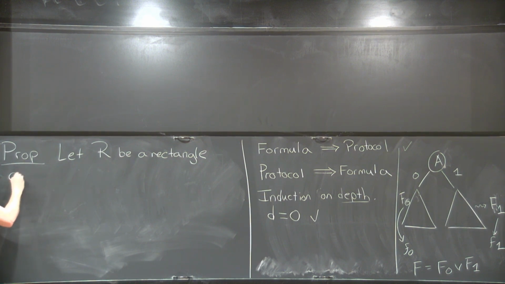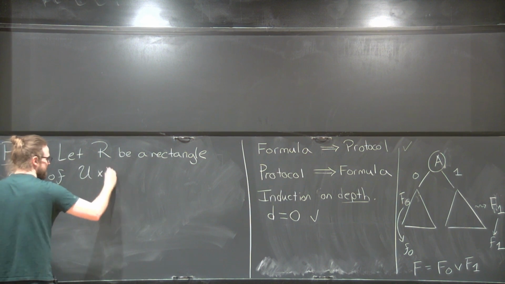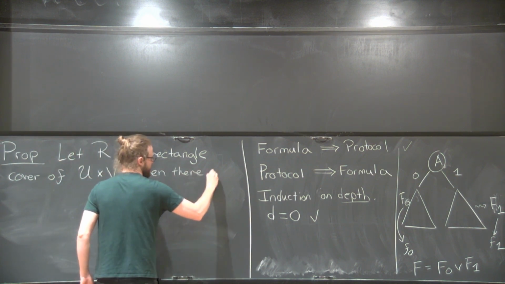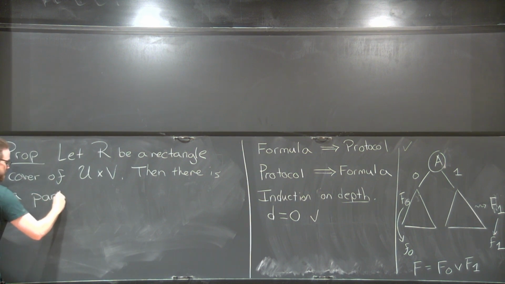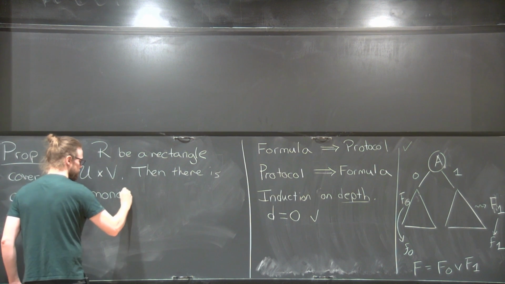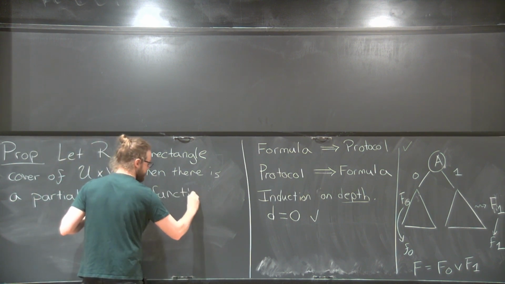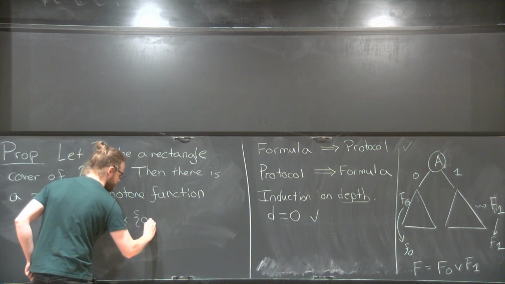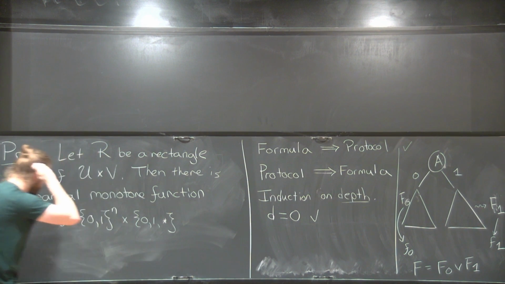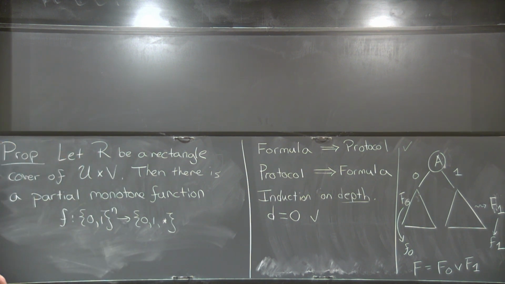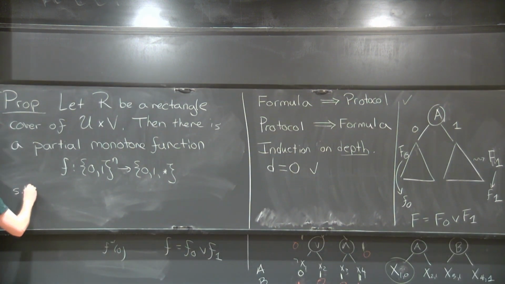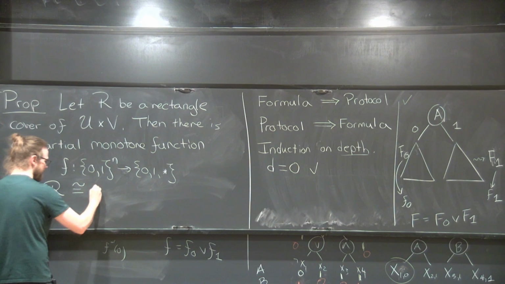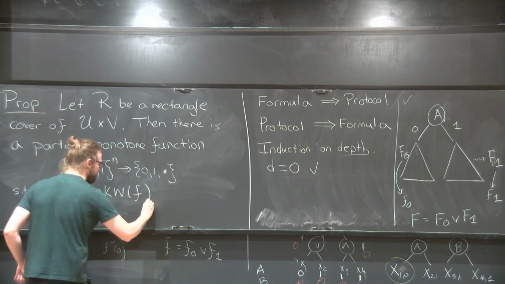So let R be a rectangle cover of an arbitrary cross product, V cross V. Then there is a partial monotone function F, I'll say what I mean by this in a second, such that R is equivalent to the monotone Karchmer-Wigderson game of F, up to relabeling elements.